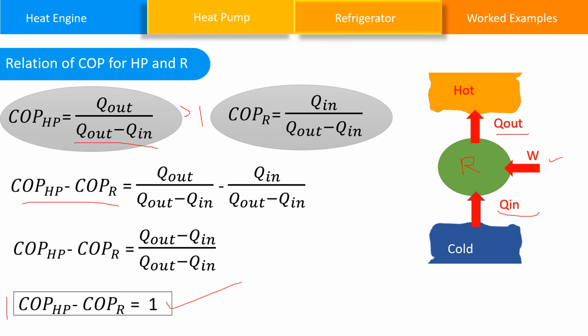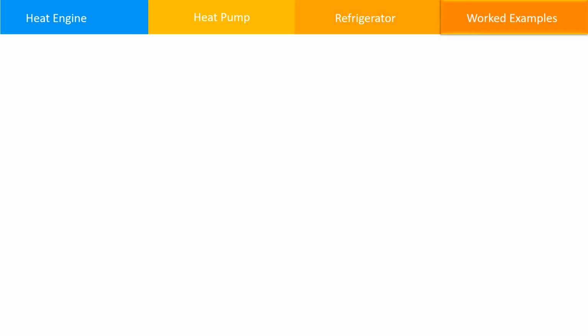So the COP of a heat pump and the COP of a refrigerator differ by 1 for essentially the same values of Q out, Q in and W. Let's see one worked example now.